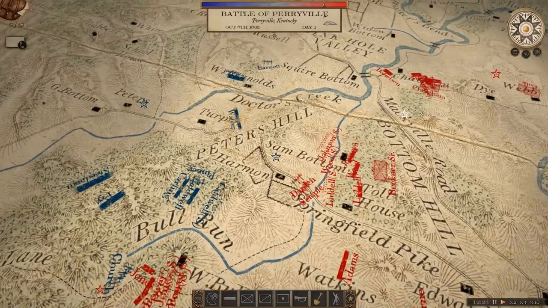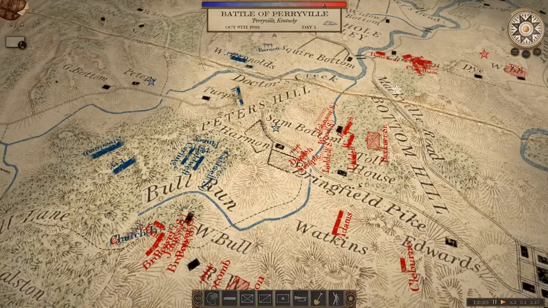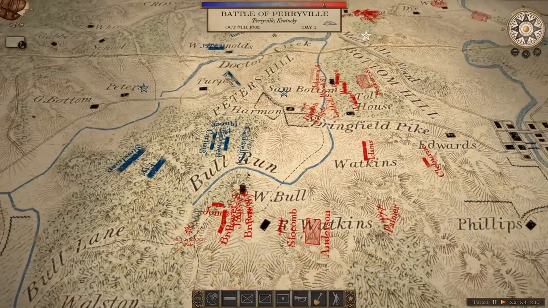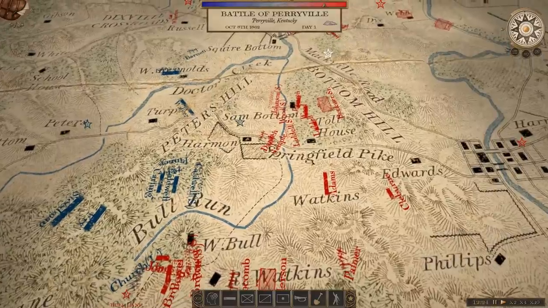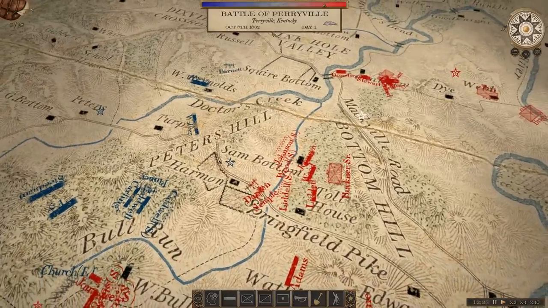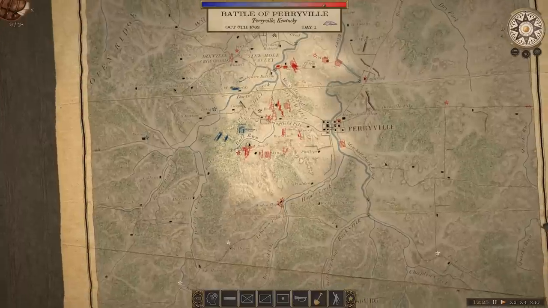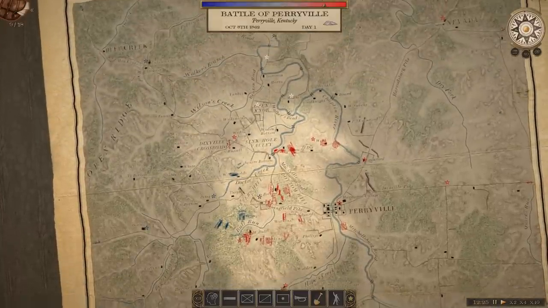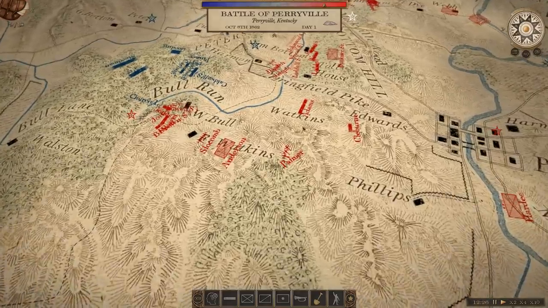I'm, of course, the red side as the rebels, and why I'm having the upper hand is due to higher experience of my army, probably higher morale, and the fact that I'm currently holding more of the battlefield's strategic important features.